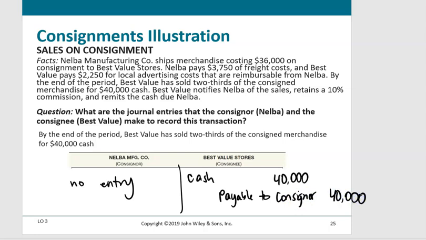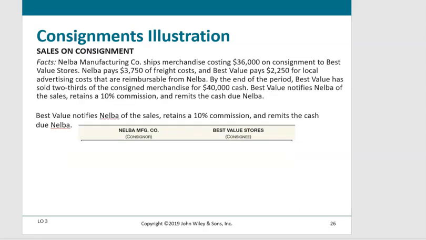And then at the very end of the period, everybody settles up. At the end of the period, Best Value notifies NELBA of the sales. Best Value retains a 10% commission, and Best Value remits the cash due to NELBA. So from NELBA's perspective, NELBA is receiving cash. How much?